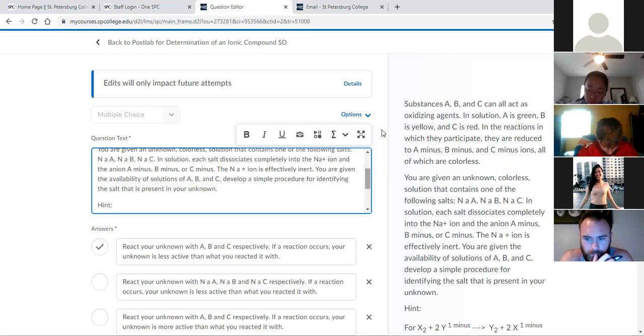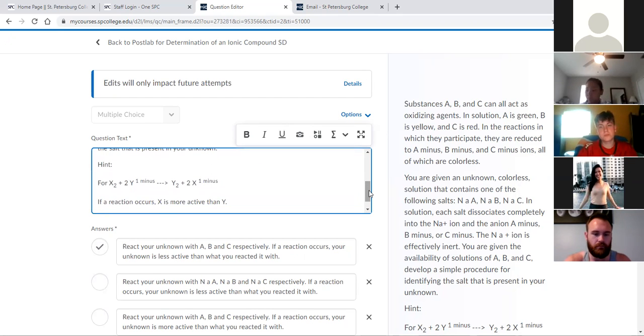Wait, no, it's the opposite of what you're thinking, Faye. If a reaction occurs, your unknown is more active because it grabbed the electrons. Looking at the equation you gave us for the hint, the unknown would be the X2? The unknown is the Y minus.